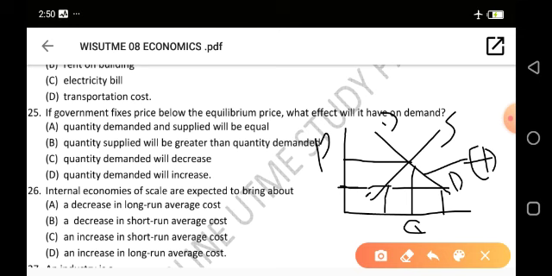And the law of demand states the higher the price, the lower the quantity demanded, and the lower the price, the higher the quantity demanded. In this case, the price is low, therefore demand is high. So when you do the calculation, you will notice that we have excess demand, and that will discourage supply. That might discourage ordering of some commodities, because the suppliers will not want to supply some of their commodities. So having this knowledge, number 25 answer is D. Quantity demanded will increase.